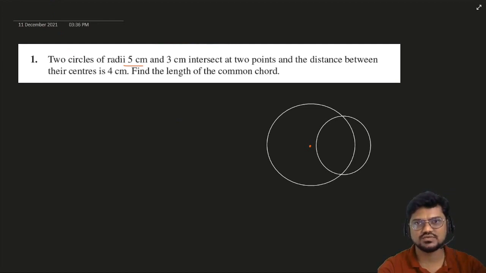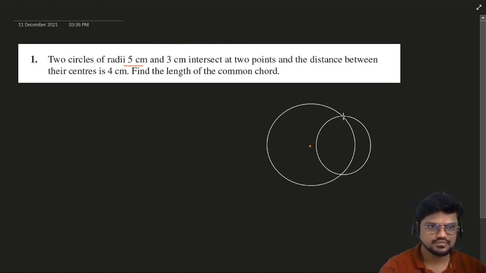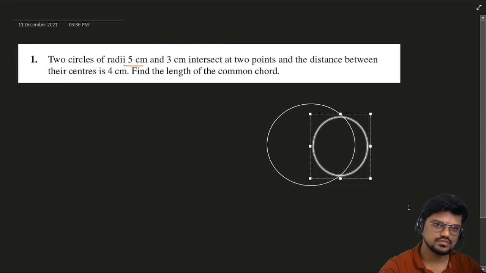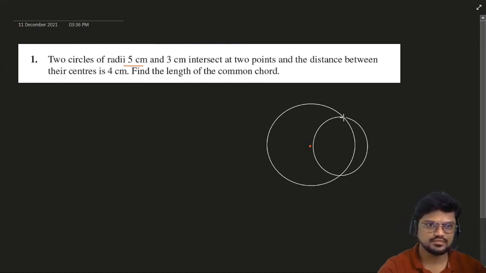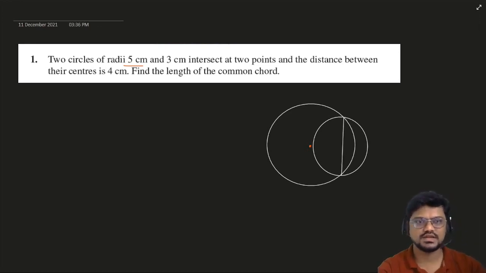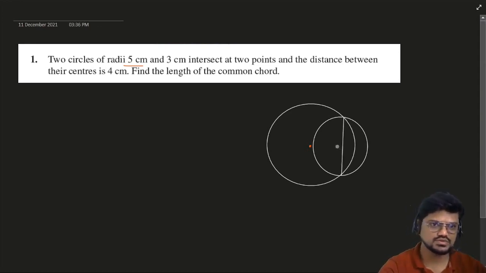If this is the chord of the circle, the center of this circle is inside over here.